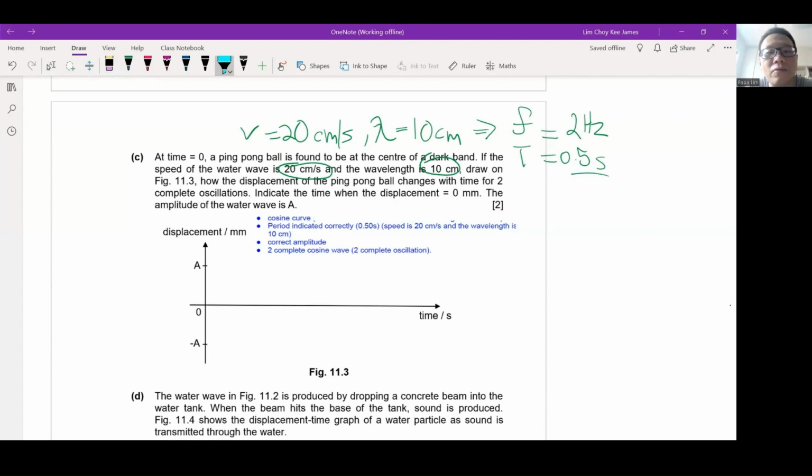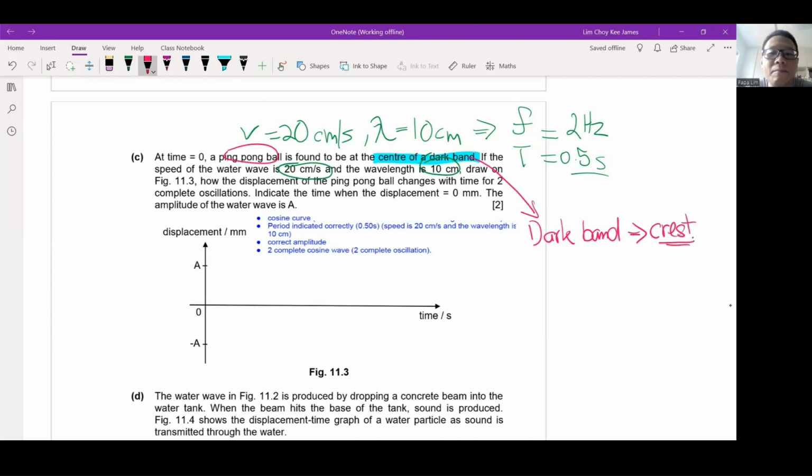Then further on, there's one more piece of information, what we know as the center of dark band. Now, center of dark band in this question is one of the crucial things, because it tells us where the ping pong ball is in the actual location. Students, you have to be careful that a dark band usually implies that it is at the crest of the wave.